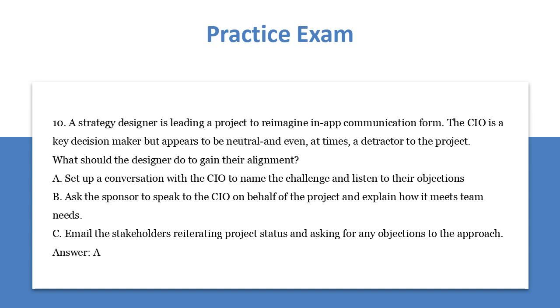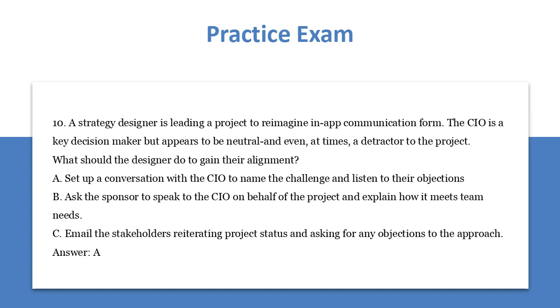10. A strategy designer is leading a project to reimagine in-app communication. The CIO is a key decision-maker but appears to be neutral and even, at times, a detractor to the project. What should the designer do to gain their alignment?